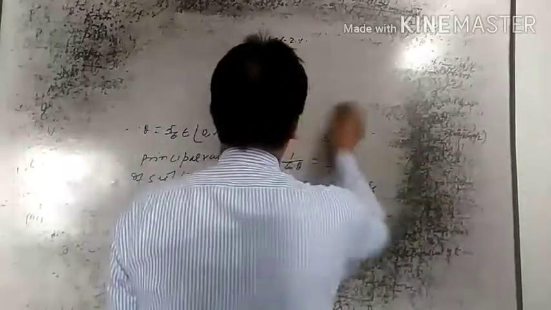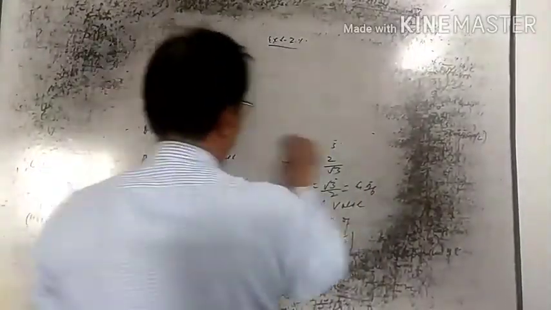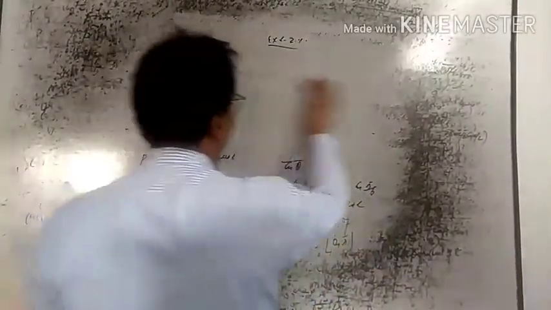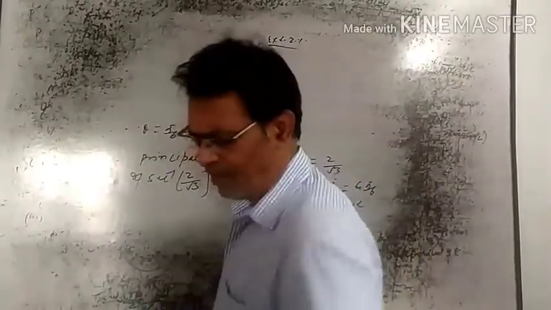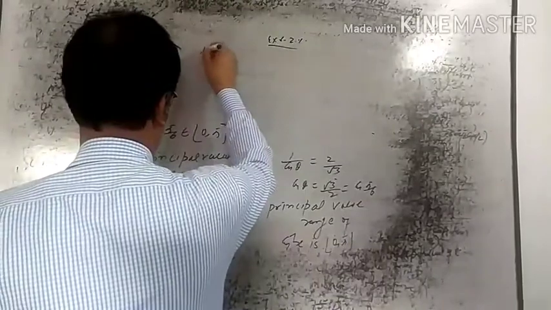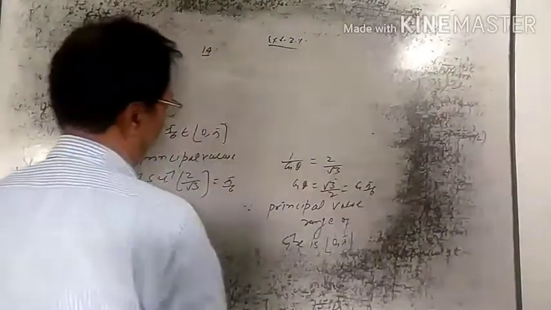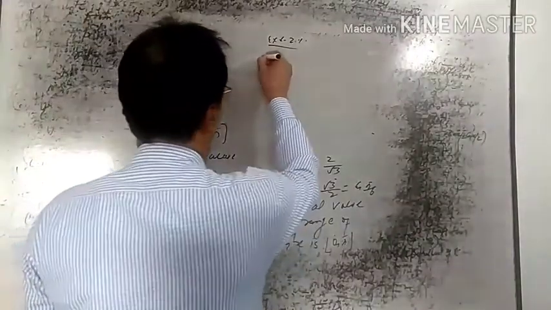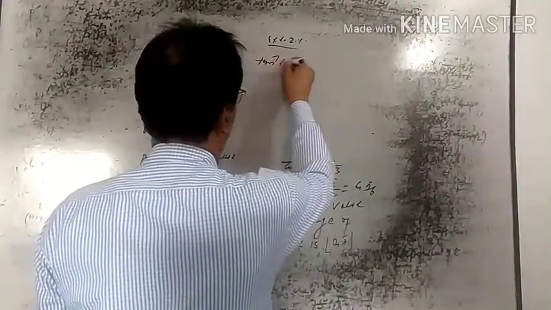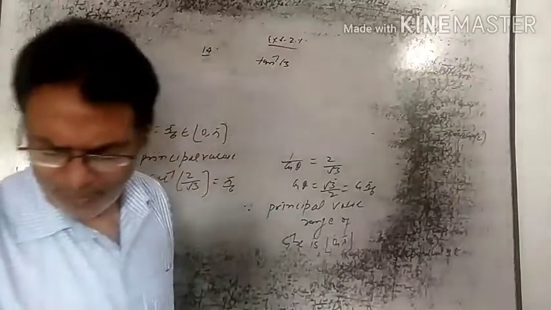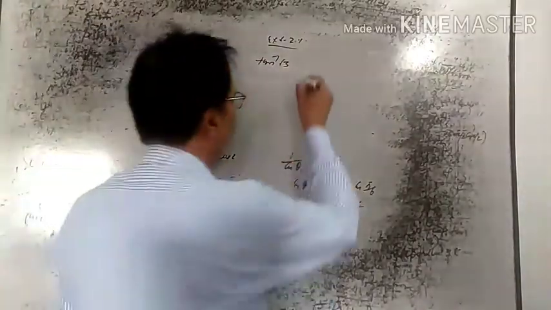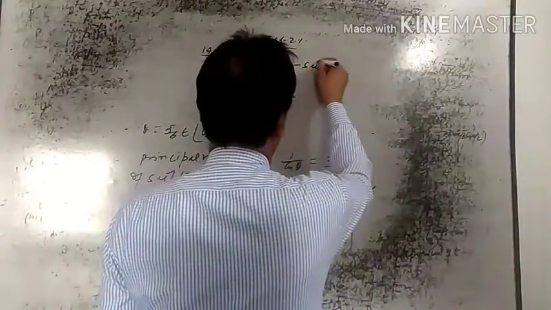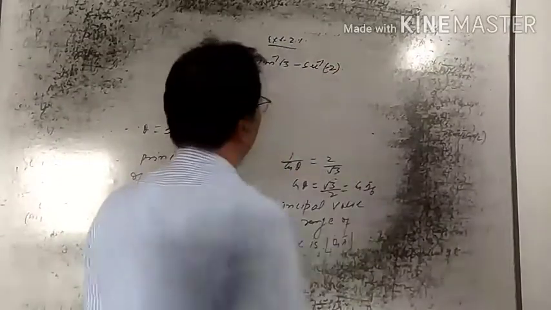And the last problem is question number 14. Find the principal value of the inverse circular function tan inverse root 3 minus sec inverse minus 2.